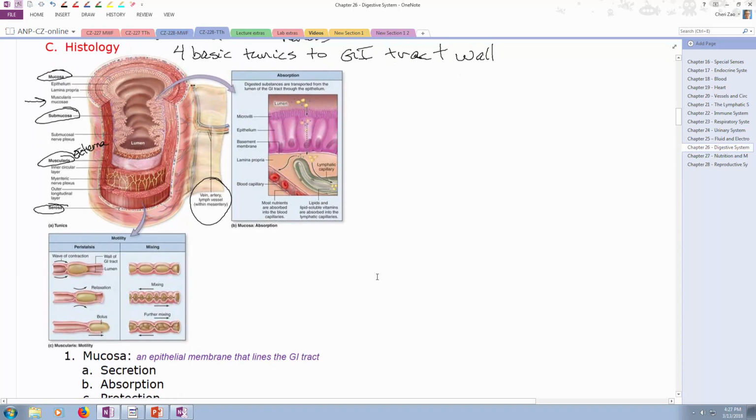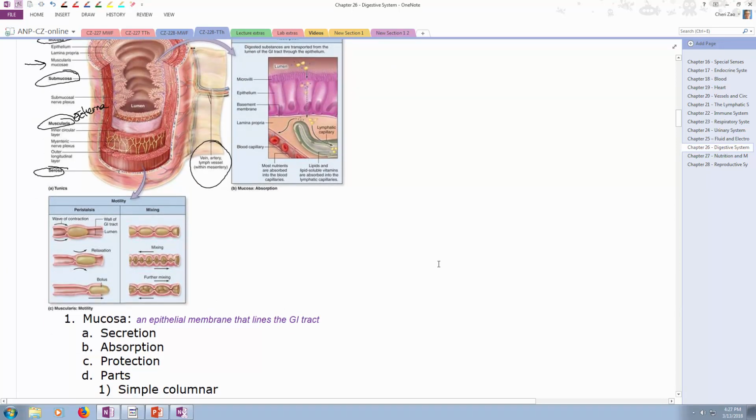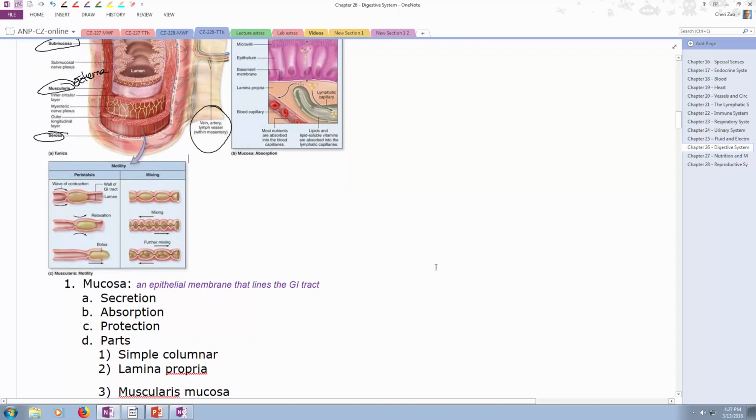Let's go down into the notes and take a look at some of the arrangements and the functions we're going to find based on them. The motility will come from our muscularis externa. Based upon where we are, we will have peristalsis, as well as mixing, which is also referred to as segmentation.